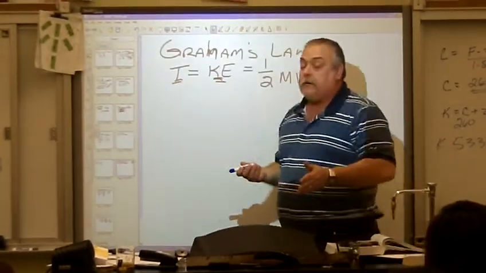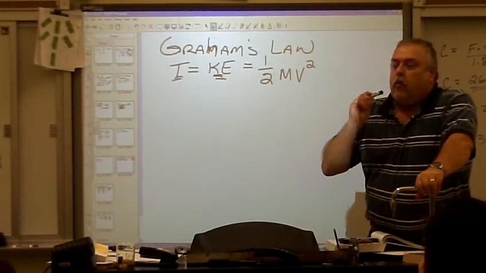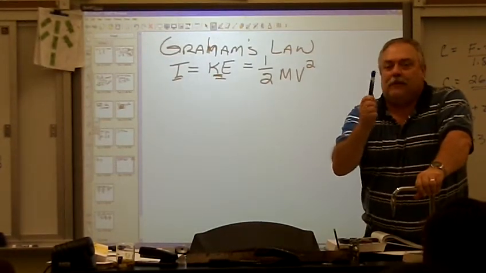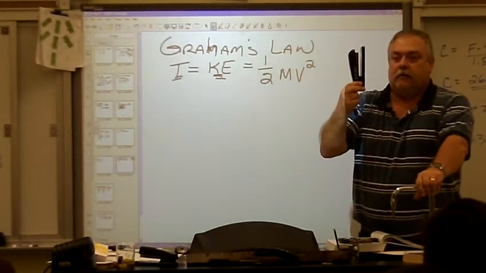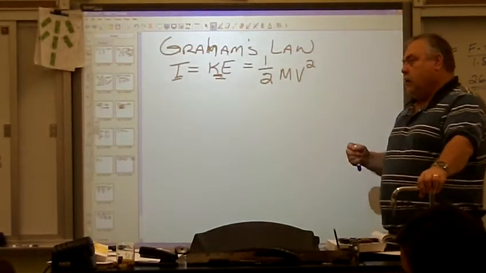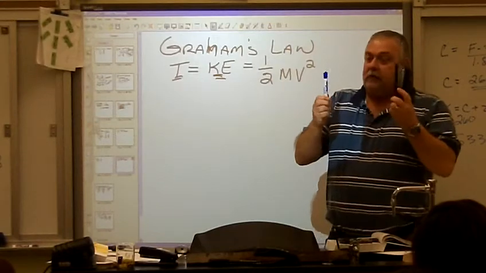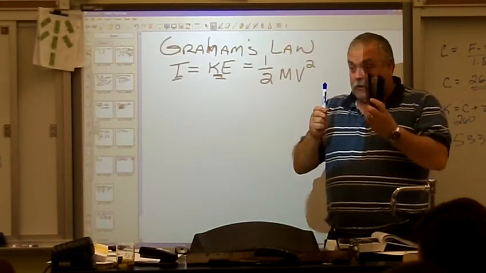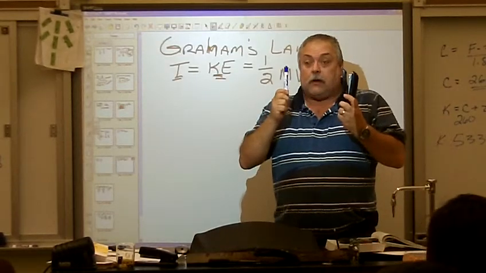Now, why did you need more velocity for this object to hurt her as compared to this one here? Because the masses are different. So here's the question. If I want these two objects to have the same kinetic energy, which one has to be moving faster? The marker, the light one.